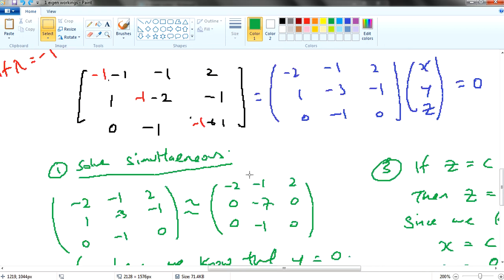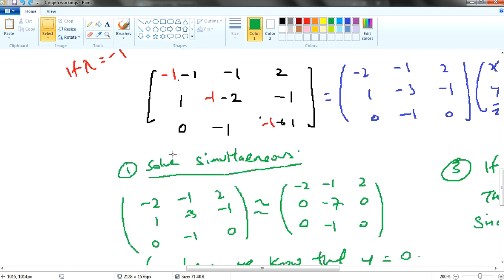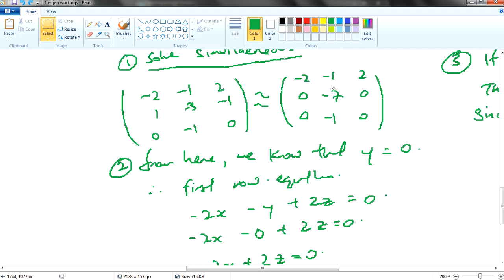And similarly, for the last one, if lambda equals to -1, you can straight away use the same method. You just sub it in, do all this simultaneous equation, and you realize that they are also the same. For this case, it's different. There are no two variables, it's just one variable.